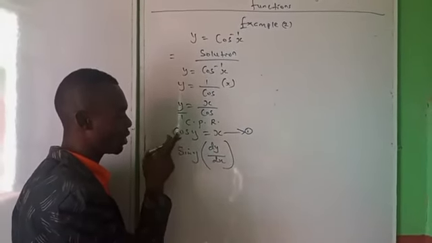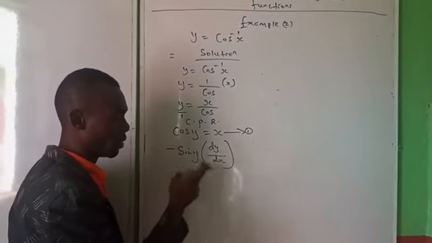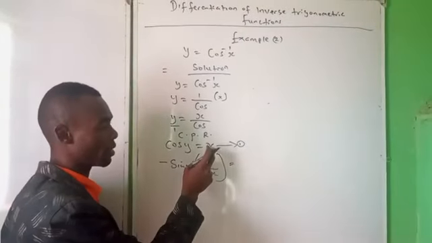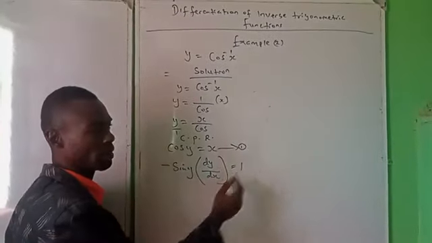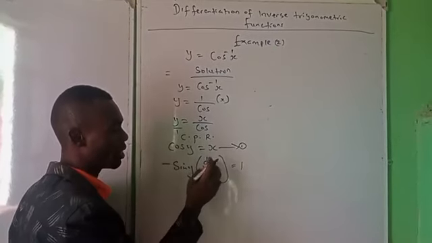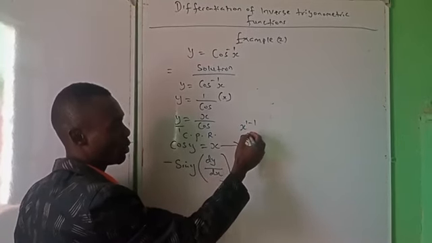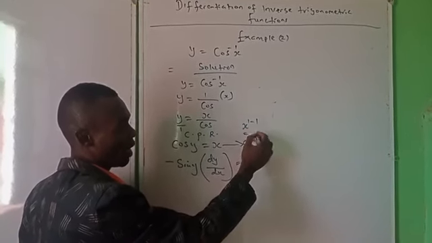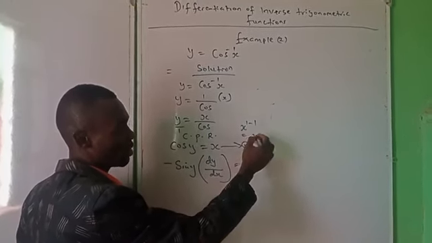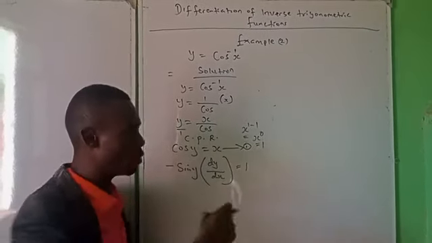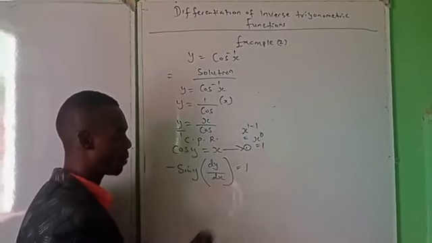Then it is equal to the differentiation of s, which is 1. If we differentiate s, we have s raised to the power of 1 minus 1, which is s raised to the power of 0. Anything raised to the power of 0 is 1. That is how we got this one.